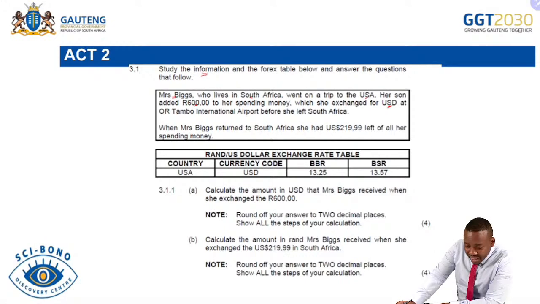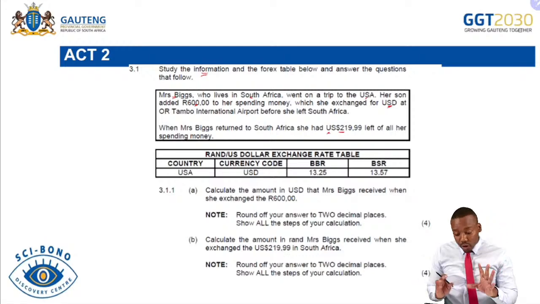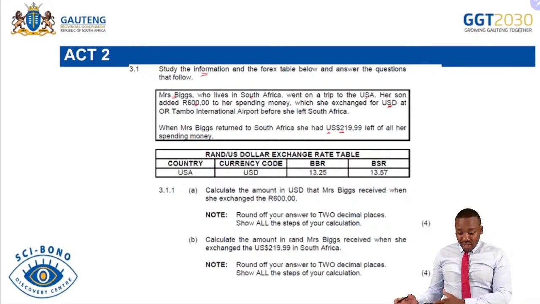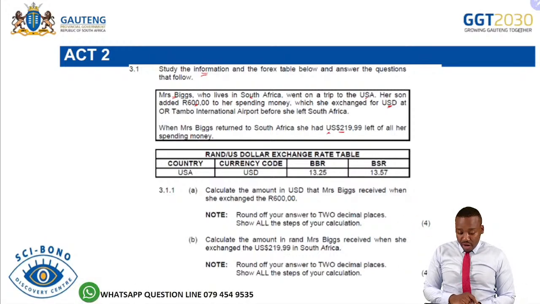When Mrs. Biggs returned to South Africa, she had 219.99 US dollars left of all her spending. So this is you now analyzing and highlighting important information. When she left South Africa, she was given how much? 600 rands by her son to spend. Obviously, this money was exchanged before she left for the US.